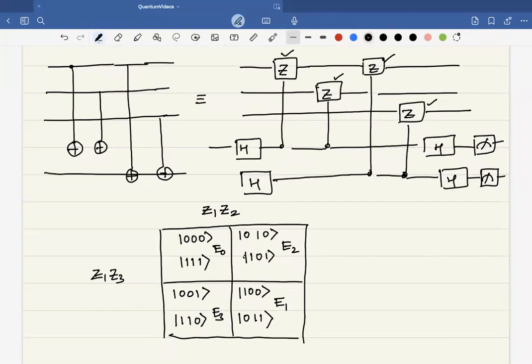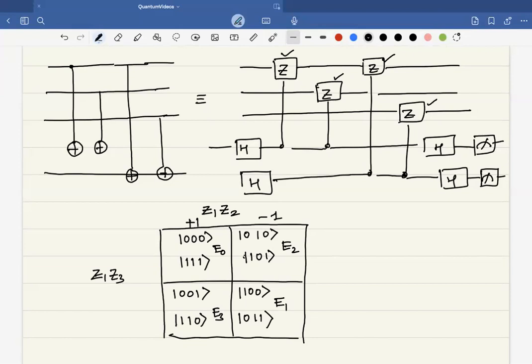Again, just like the parity check, you get +1 or -1. The measurement result is +1 if the encoded state has not changed at all.